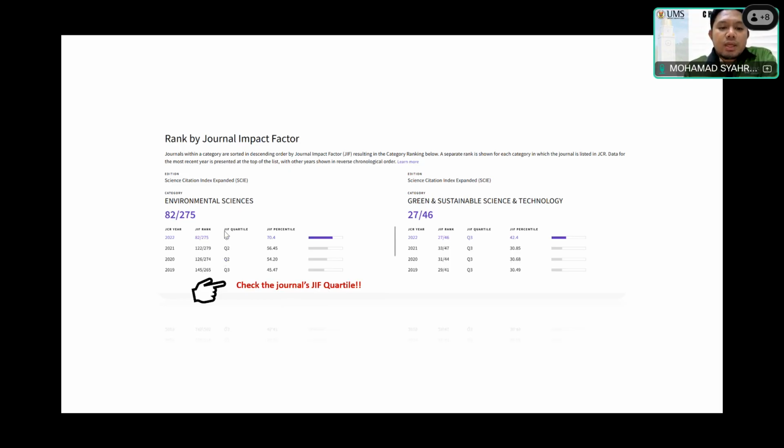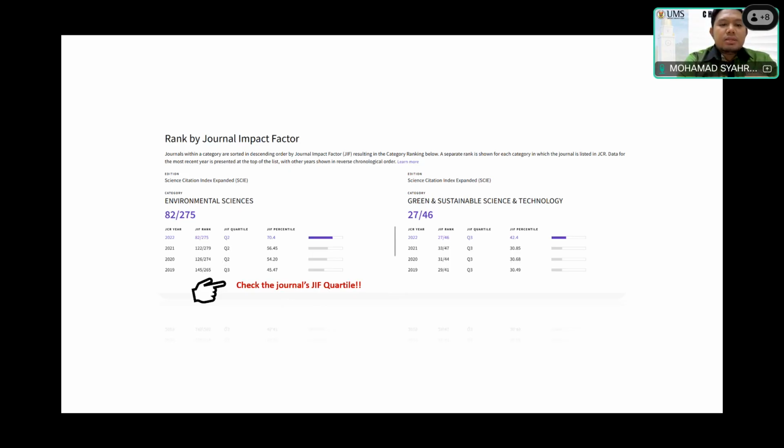This is how other universities or internationally we can say that I publish in Q1 or Q2. This is what we refer to, especially the research university culture in Malaysia.